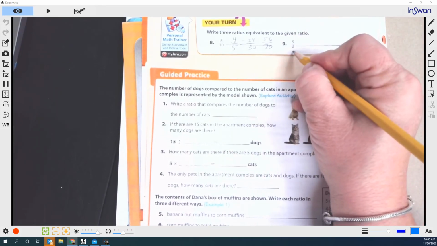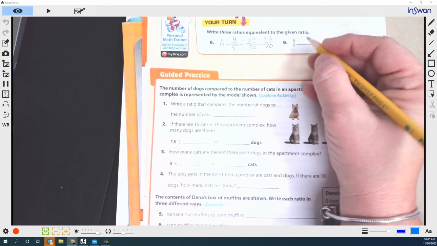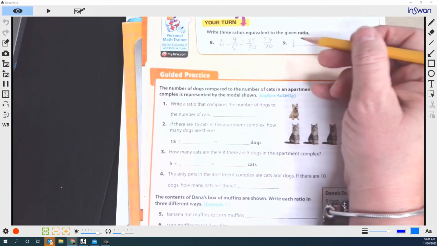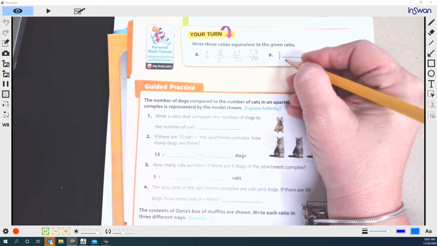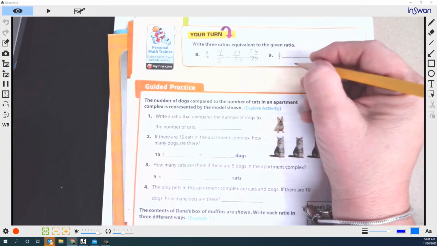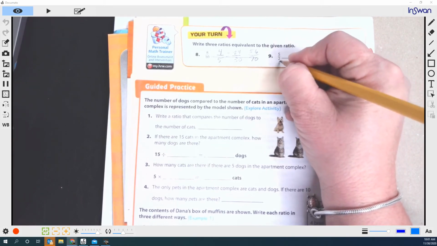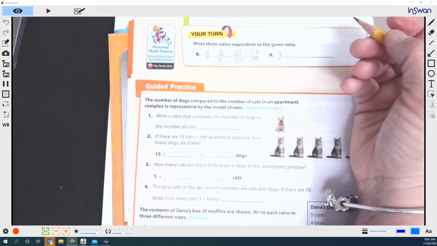Now, notice that that looks like an improper fraction, but it is not. The thing that you have to keep in mind is these are representing a relationship between 2 quantities or 2 items. It's treated like a fraction with equivalences, but we don't write that as a mixed number. So just like that is in its simplest form, 5 to 2, it could be 5 cats to 2 dogs.